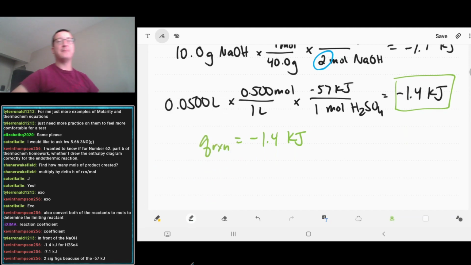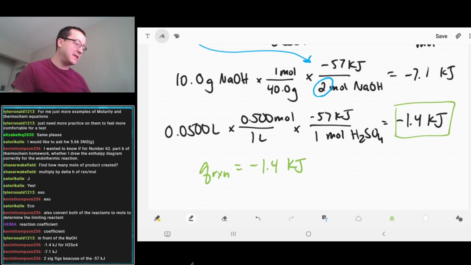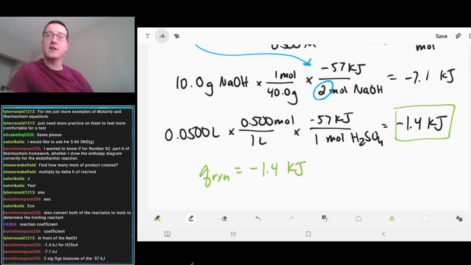Okay, so now what do we do? We have our Q for the reaction that we got from delta H, right? We used delta H in our unit conversion here to figure out how much energy is going to be released. What's next?